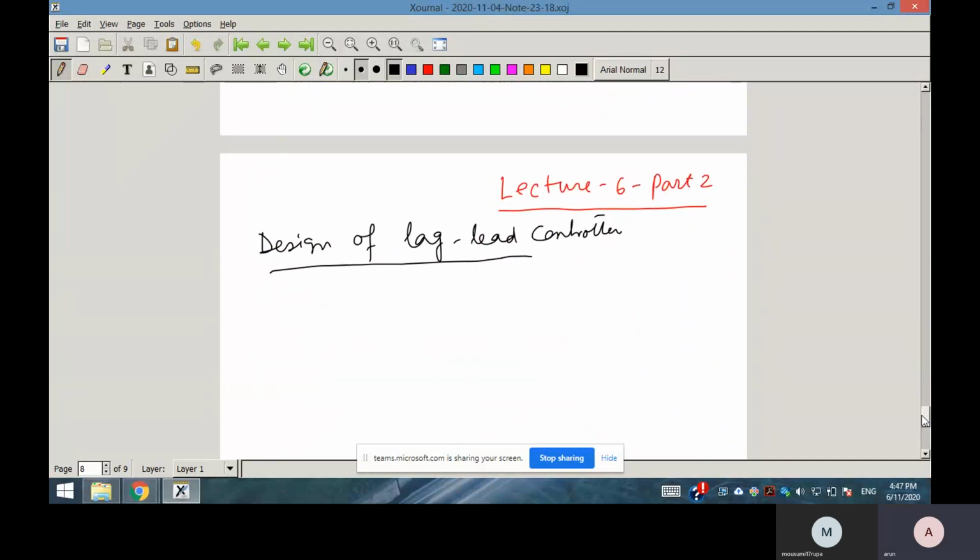Now for the design, we will use the same algebraic method as we have used for lag and lead controllers. So what is the objective?